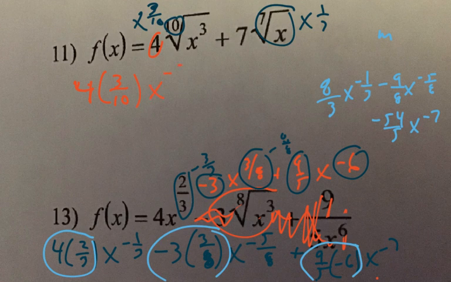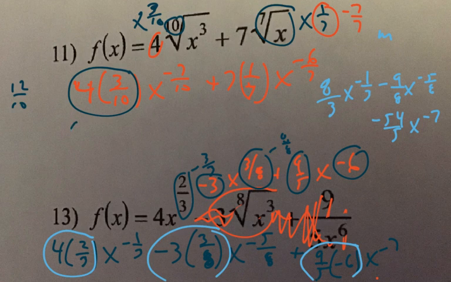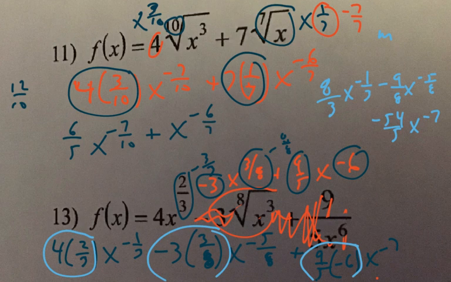And it's going to be x to the negative 7/10 plus the 7. We're going to bring this 1/7 down. x to the negative 6/7, because minus 7 over 7 would be negative 6, right? So this becomes 12/10, but that simplifies as 6 over 5, x to the negative 7/10, plus this is 7 over 7, which is 1, so all we have is x to the negative 6/7.